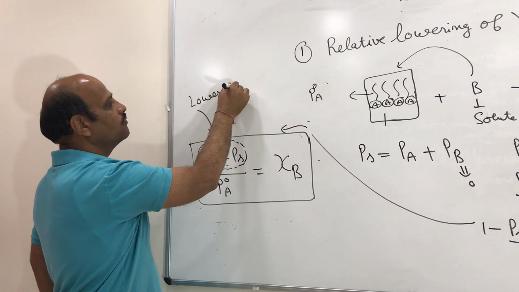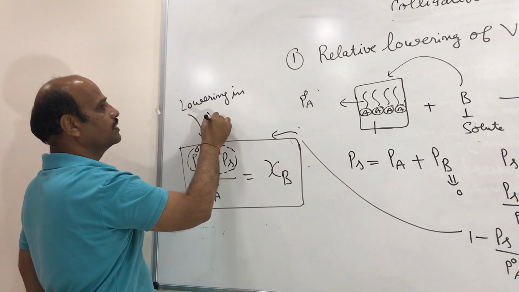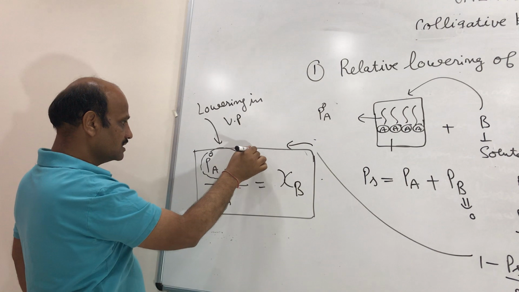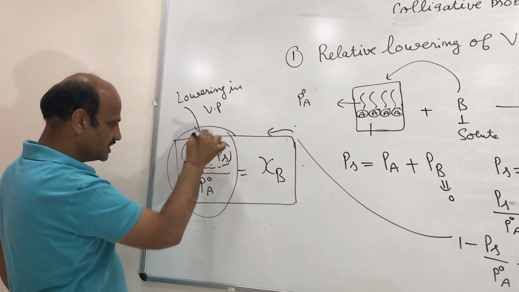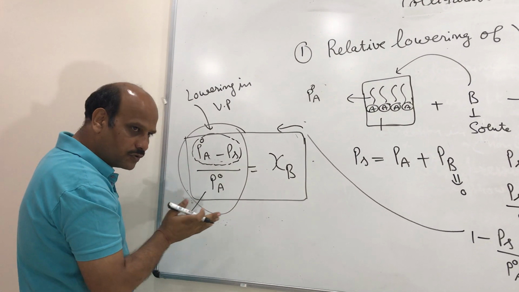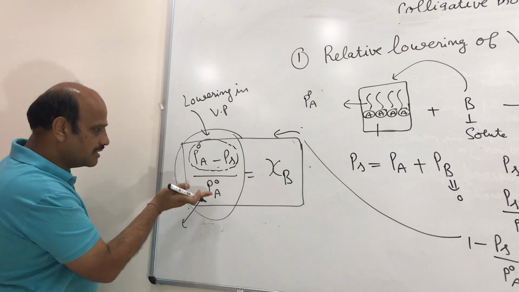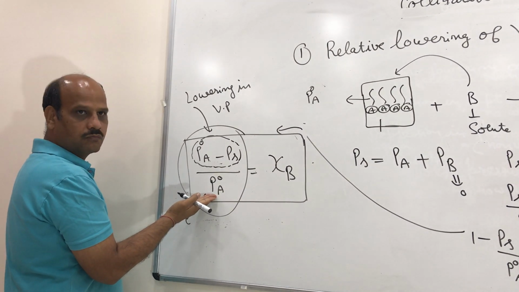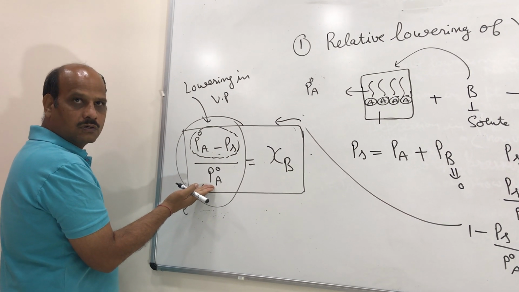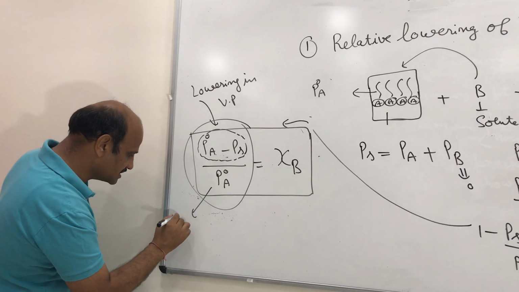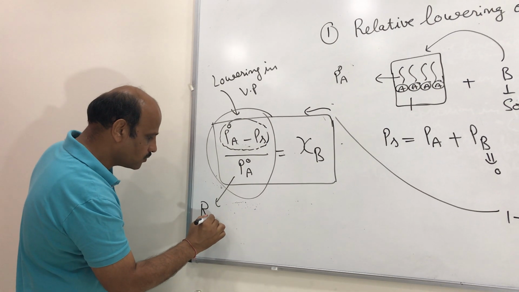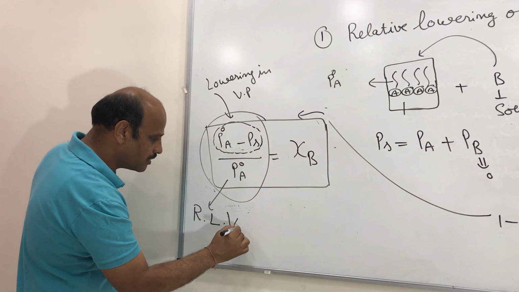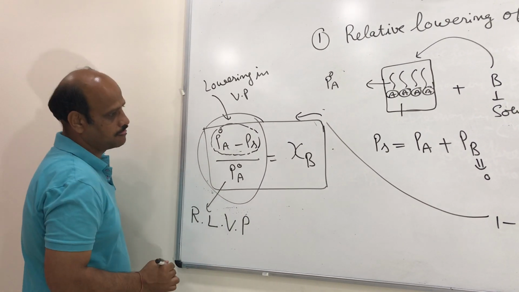And when this is divided by pure solvent vapor pressure, this term is called relative lowering of vapor pressure.